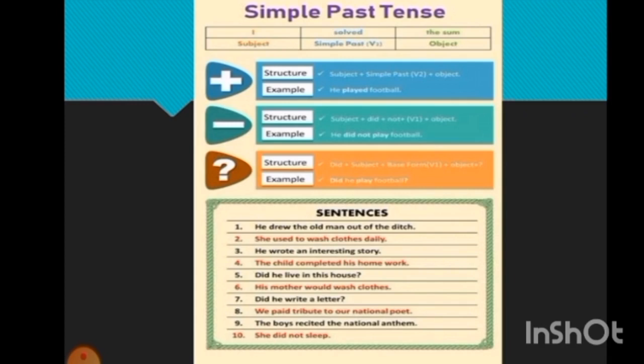He did not play football. Interrogative: did plus subject plus the base form, the first form of the verb, and then the object. Did he play football? Here are the sentences in front of you on your screen, you will read them.